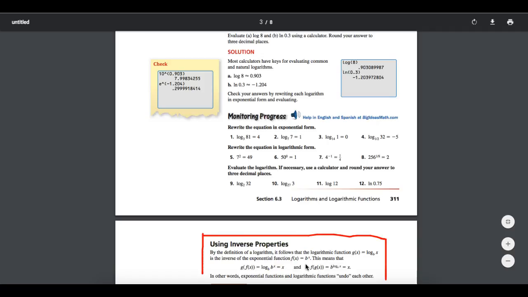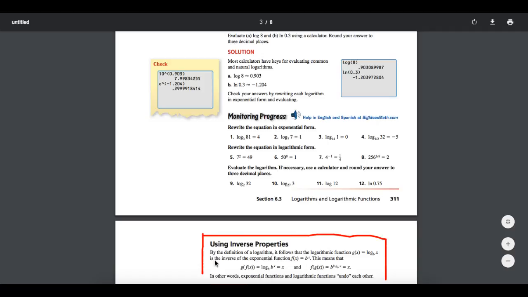Now, what this means, remember your definition of inverse functions. Because we have log base b of x, in order to switch that, we take our b and turn that into the base of our exponent and have that equal to x. That means that if log base b of x equals g, then b to the g equals x.